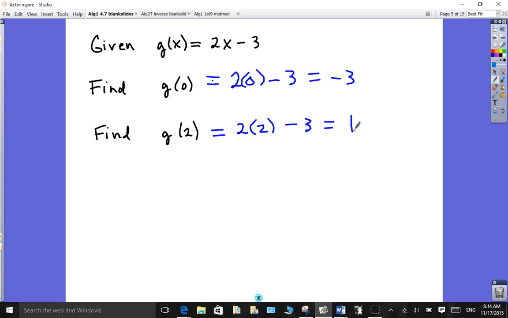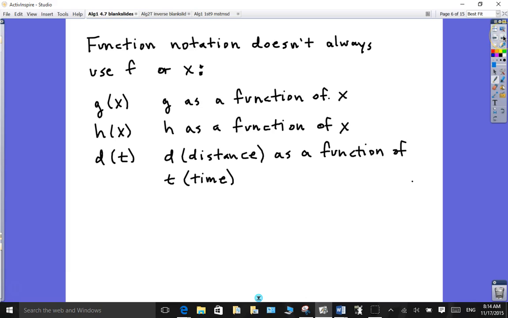And in fact, I think I know what's on the next slide. Like I showed on the last one, it doesn't have to be f. It could be g, it could be h, it could be anything. In the homework, the function was y equals 2x plus 3.